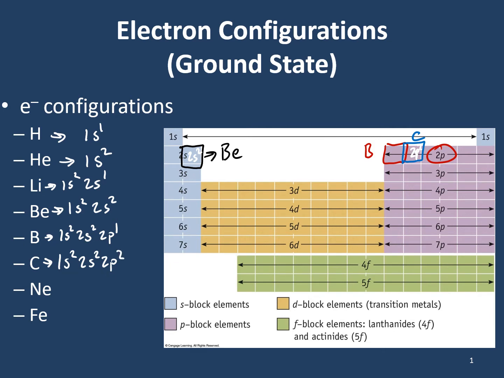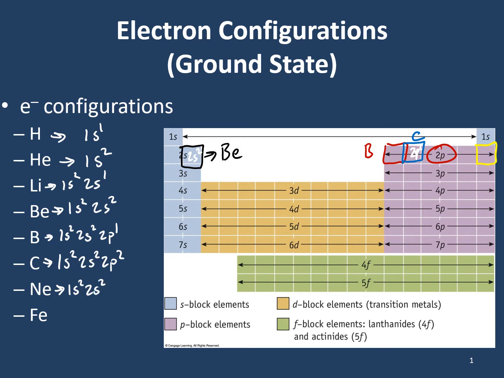Now this would continue until we got all the way over here to neon. Neon is the last element in this row, right here. And so if we count all of our electrons, we're going to do all the ones from before. So we have 1s2, 2s2.